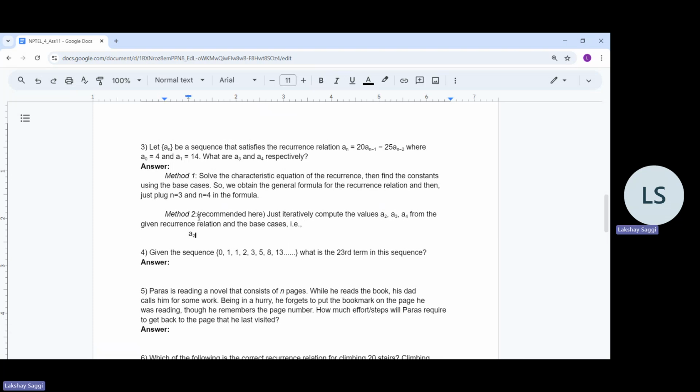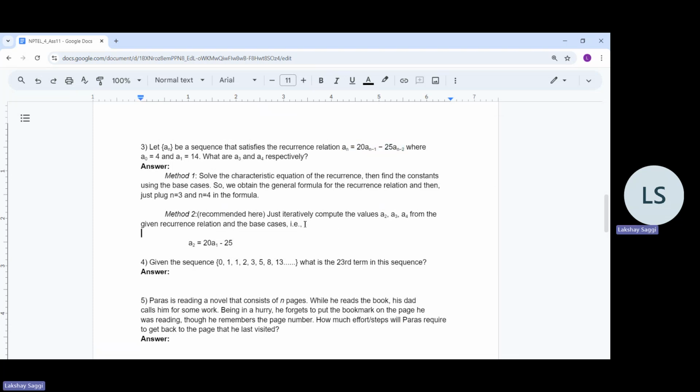And how do we do this? Suppose we have to find out the value of A2, then we can find A2 by just plugging n equals to 2 here. Maybe I should write the general formula first and then plug in.